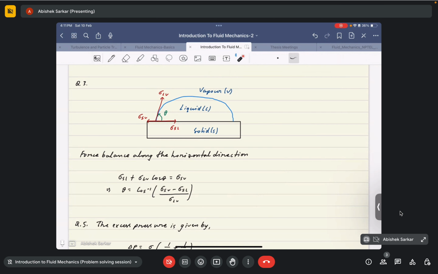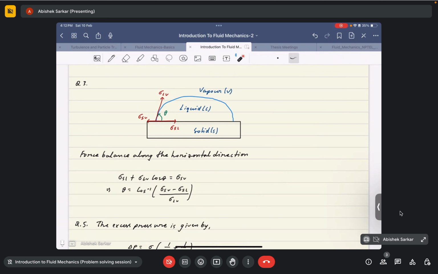And this component of sigma LV is towards this direction, so it would be sigma LV cos theta. Now you may ask that sigma is actually force per unit length, so why are you not considering length? If you consider the length to be constant, basically the perimeter of this droplet, for all the expressions, you can just cancel out the length, as discussed by Professor Chakraborty.